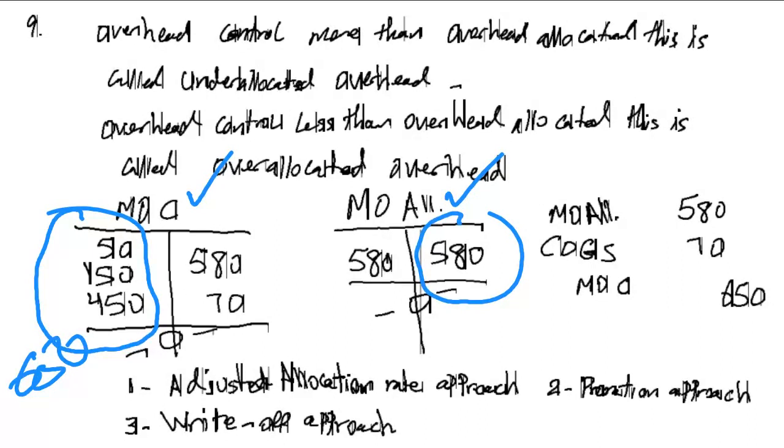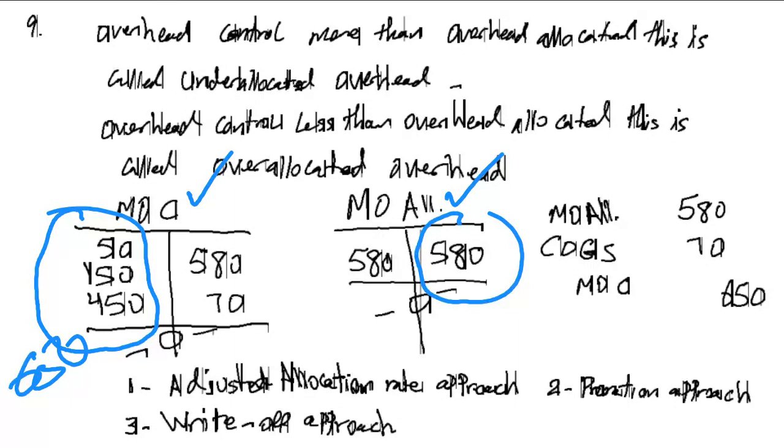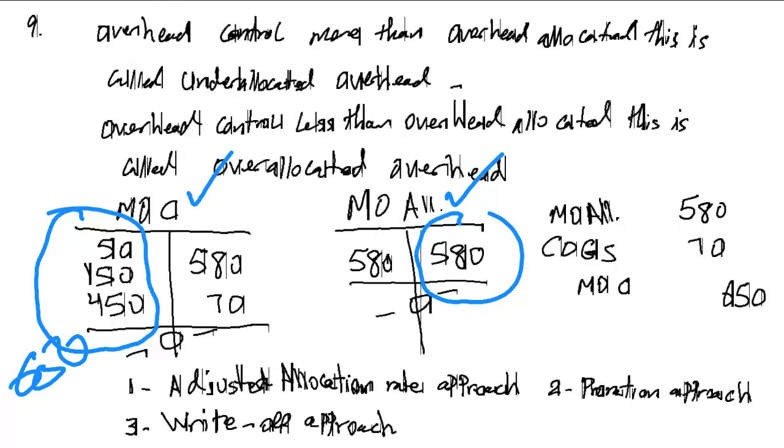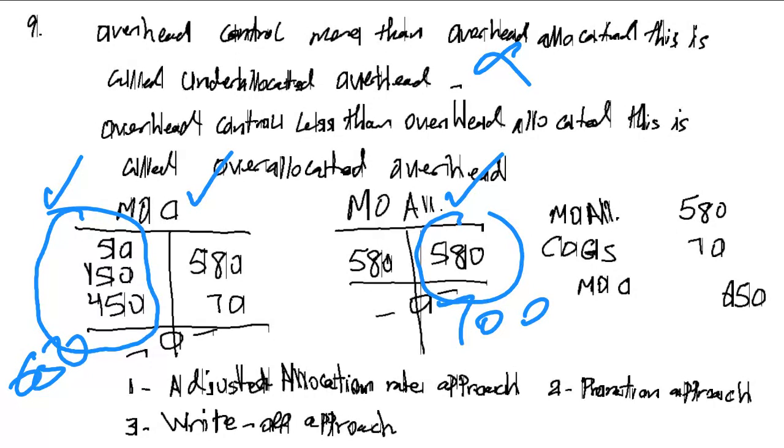So if I allocate my manufacturing overhead here, 580, but my actual manufacturing overhead here is 650, so I'm under allocated. This is case number one. If I estimate my manufacturing overhead, let's say 700 here instead of 580, then it's going to be case number two, which is we are over allocated.